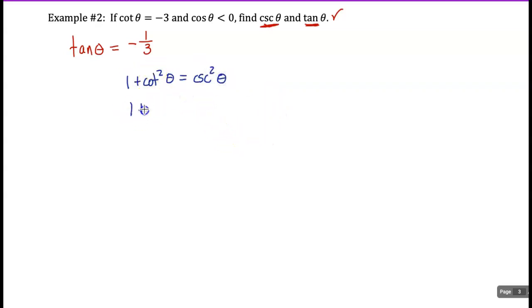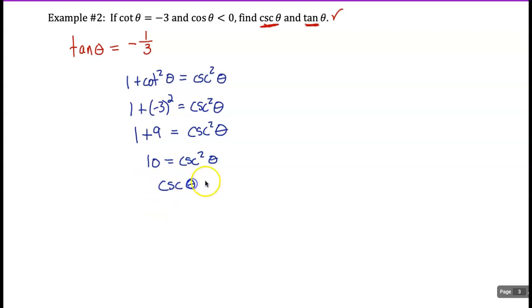So 1 plus -3 squared, which is 9, so this would be 10 equals cosecant squared. And so cosecant is equal to positive or negative square root of 10.